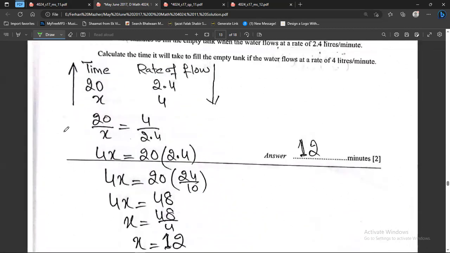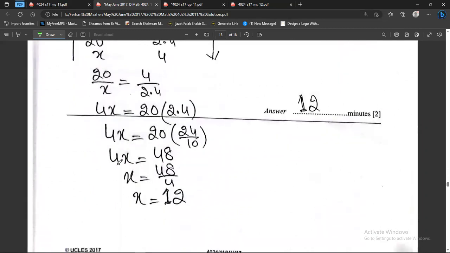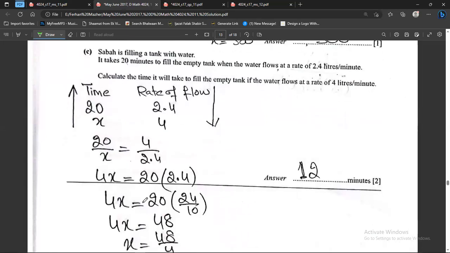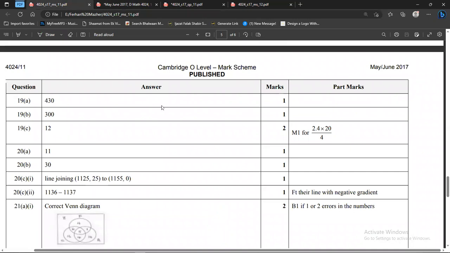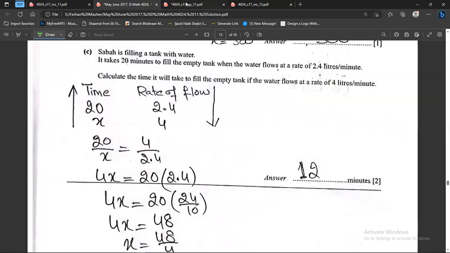So it will be 20 by x equals to 4 by 2.4, and 4x will be equals to 20 into 2.4. So 4x will be equals to 20 into 24 divided by 10. So 4x will be equals to 48. So x will be equals to 48 divided by 4, and that will be 12. So my answers are right.